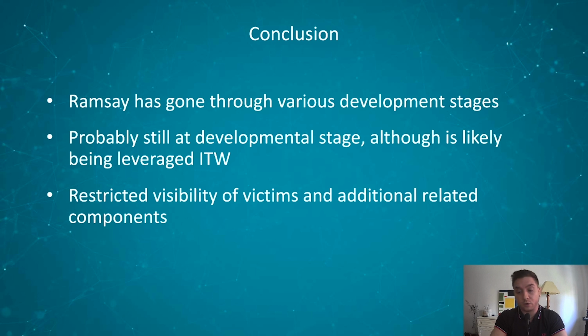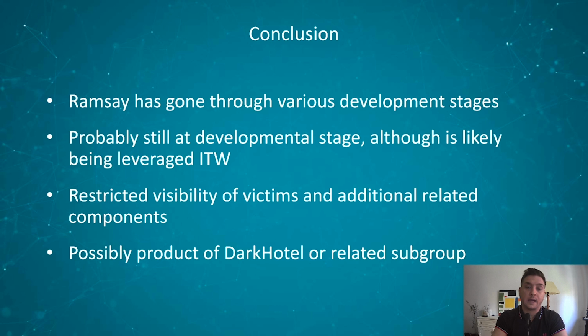A scarcity of network-based communication channels also implies a scarcity of software that relies on a network-based communication channel. And this includes antivirus software, which has a direct impact on victim visibility. And we believe that Ramsay is the product of DarkHotel or a related subgroup, especially after the validation of different vendors, specifically Tencent.